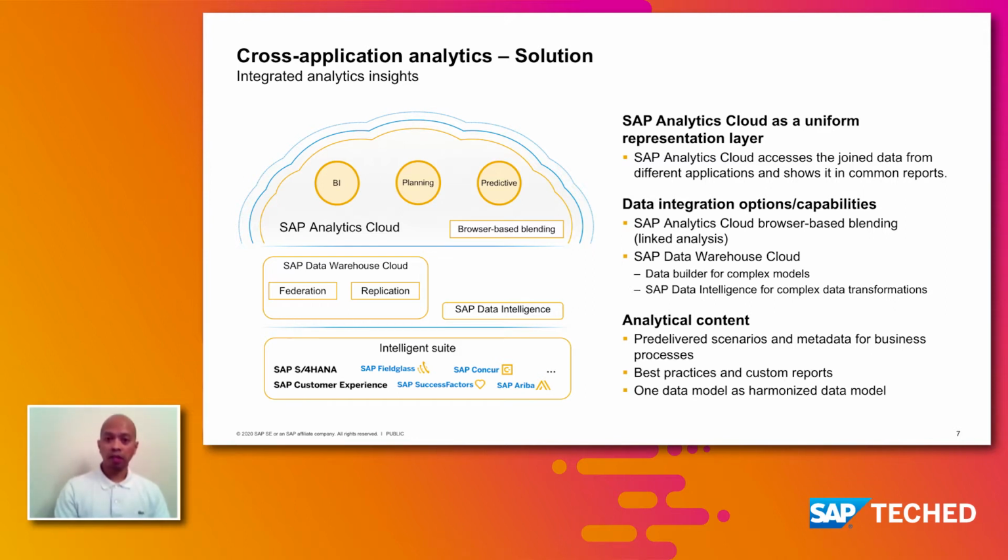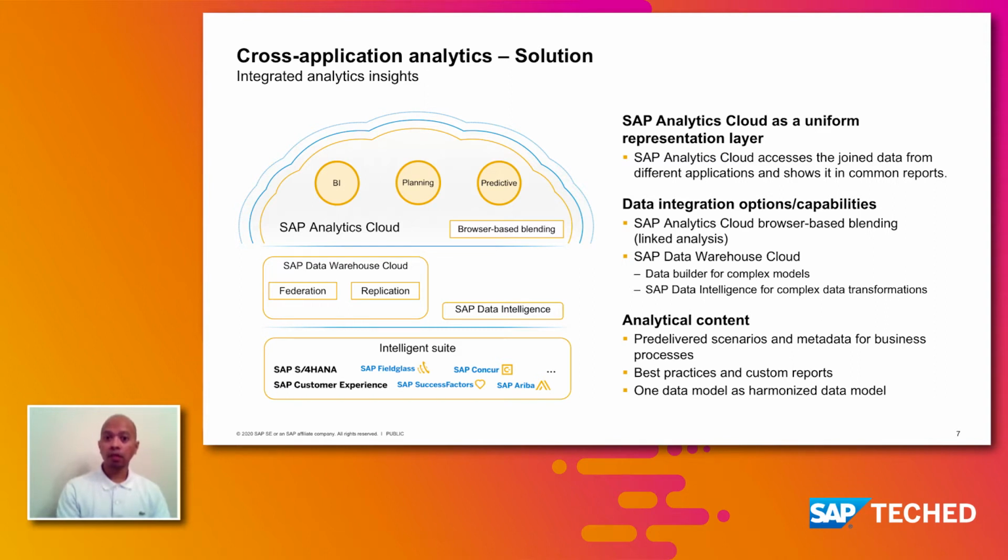First option is utilizing what we call browser blending or linked analysis, where you can take, for example, two data connections in SAC and combine them together or link them together through a common dimension or primary keys.